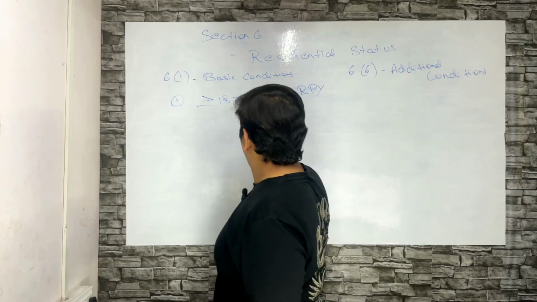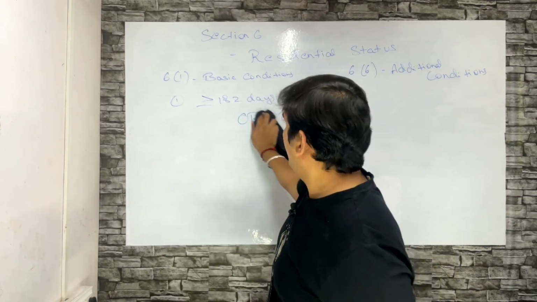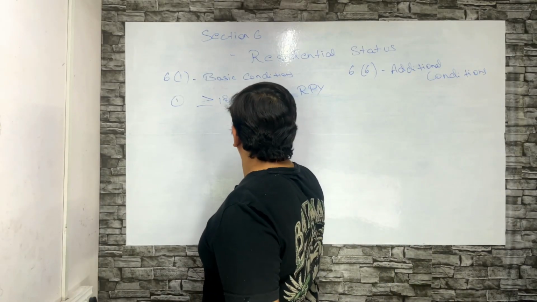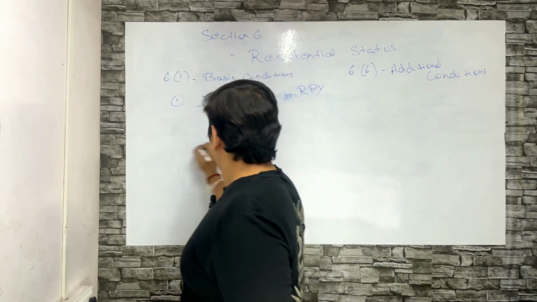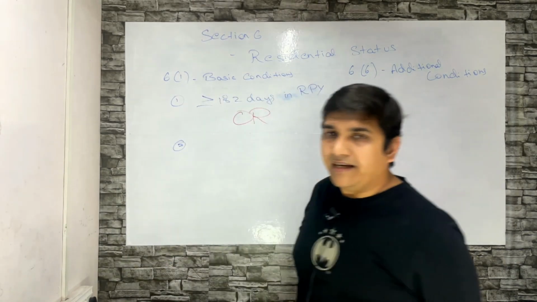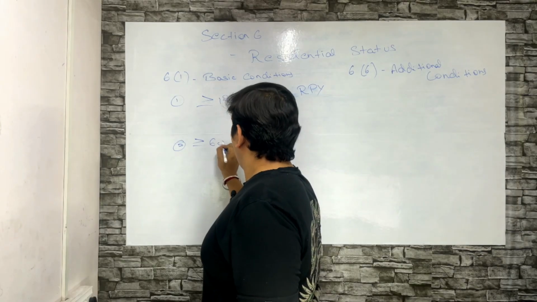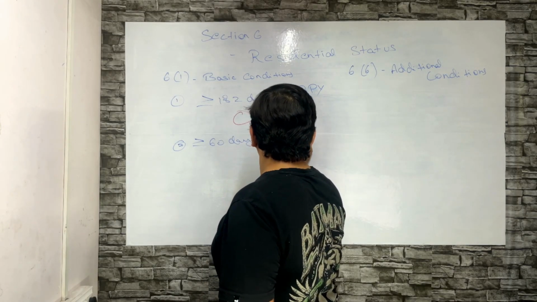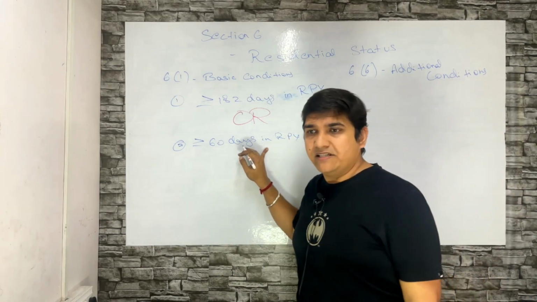Or. Remember this, it is or, not and. Or the second condition. What is the second condition? Second condition is more than or equal to 60 days in the relevant previous year.